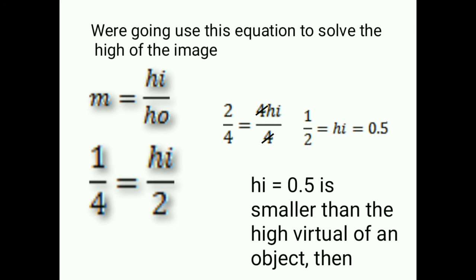So 2 over 4 is equal to 4hi over 4. Then it will be 1/2. Now remember, the decimal of 1/2 is 0.5. Then our height of an image is equal to 0.5, which is smaller than the height of the object.